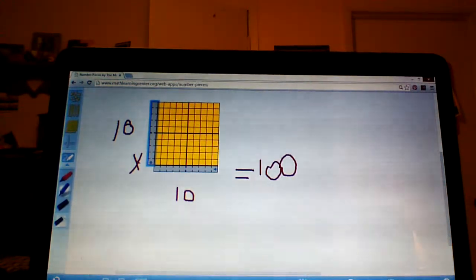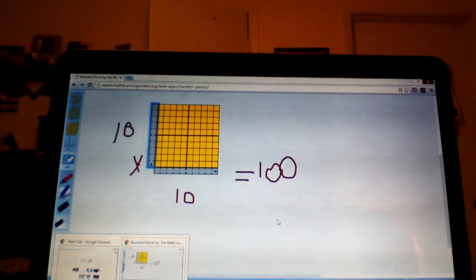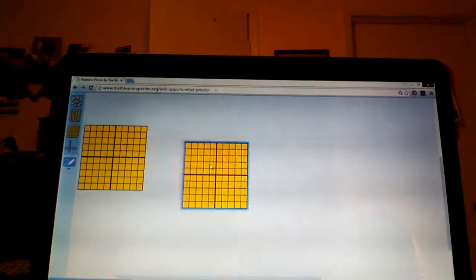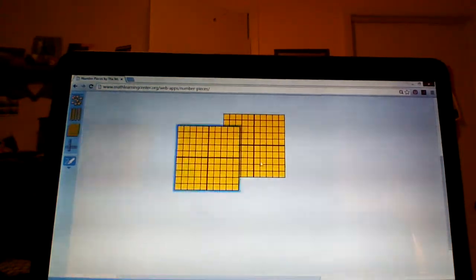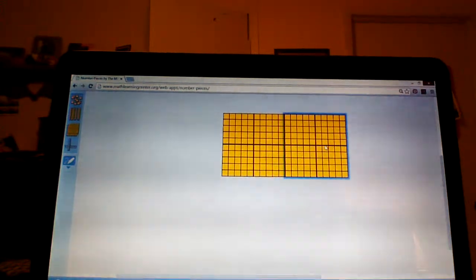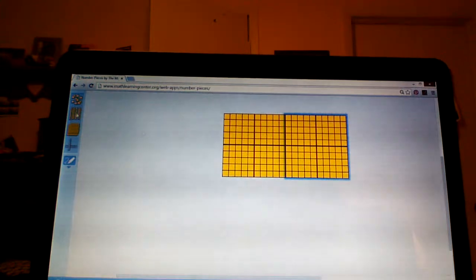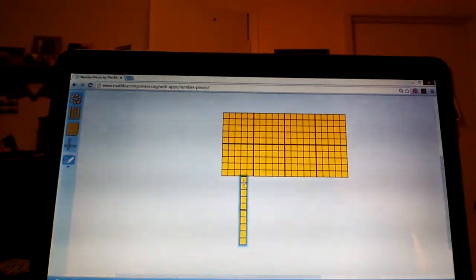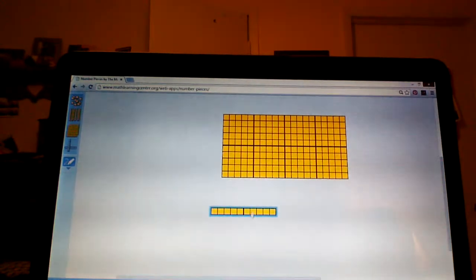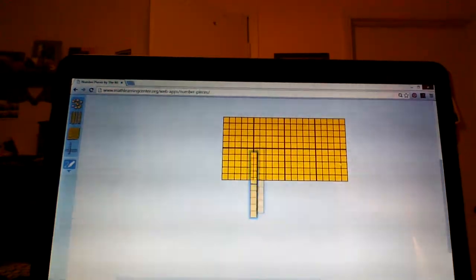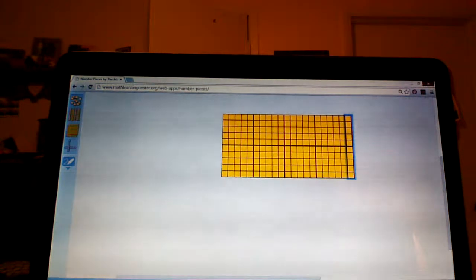So let's do this. Let's do a multiplication table this way. I want to do, so I have 200. Let's do it this way. Add 10.